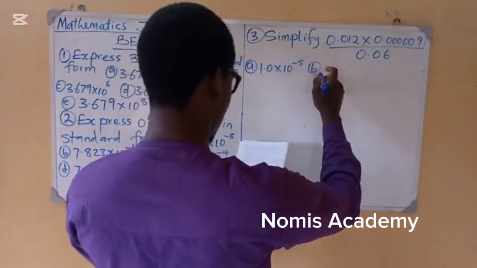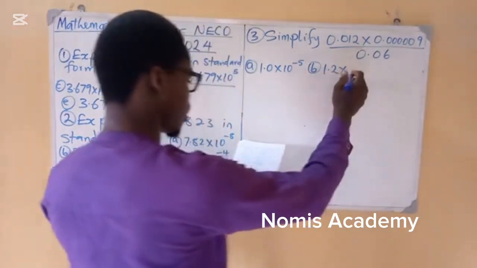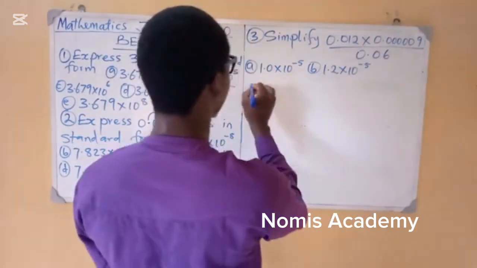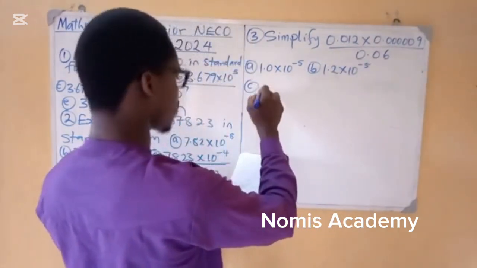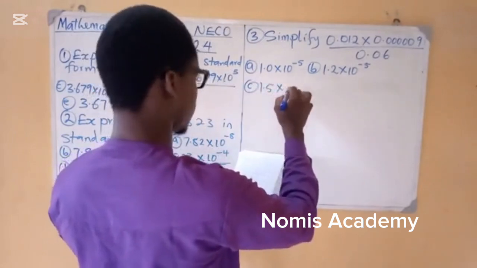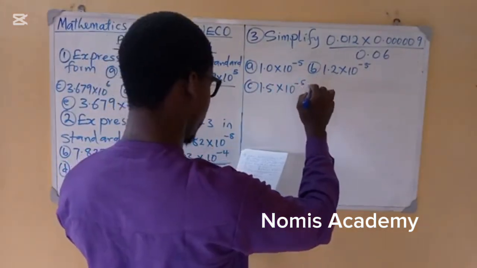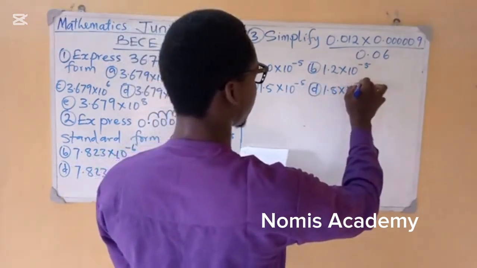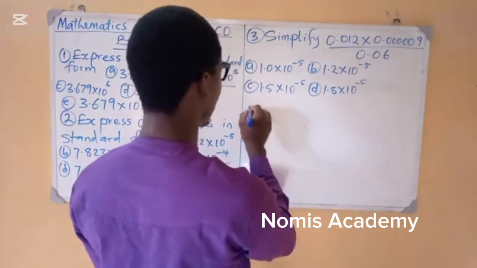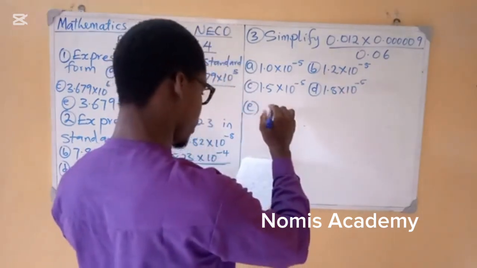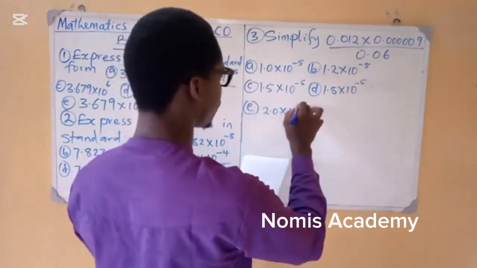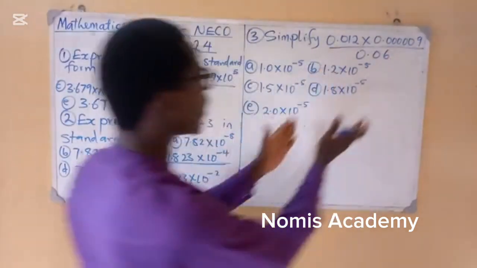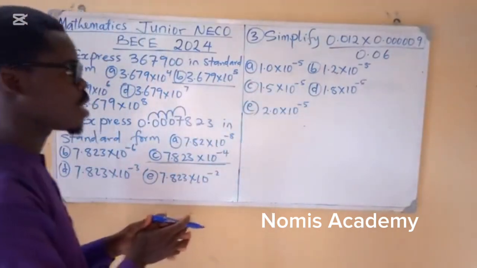B, 1.2 times 10 raised to the power of minus 5. C, 1.5 times 10 raised to the power of minus 5. D, 1.8 times 10 raised to the power of minus 5. And then E, the last option, 2.0 times 10 raised to the power of minus 5. So we are expected to simplify this and then find the correct option that is the answer.